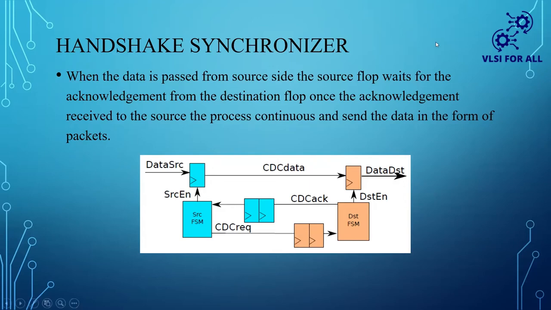The destination flop side sends an acknowledgement to the source that I have received the data. Whenever this acknowledgement is sent, the source flop understands that yes, the destination flop has received the data, and it continues the process and sends the data in the form of a packet.